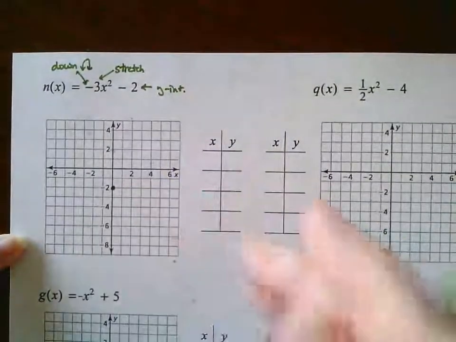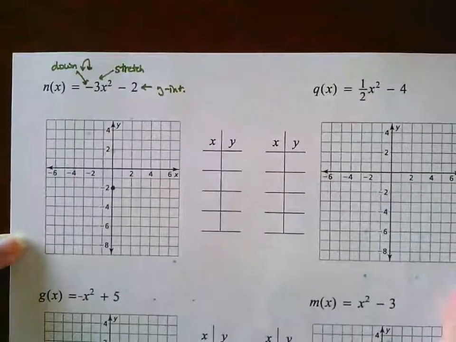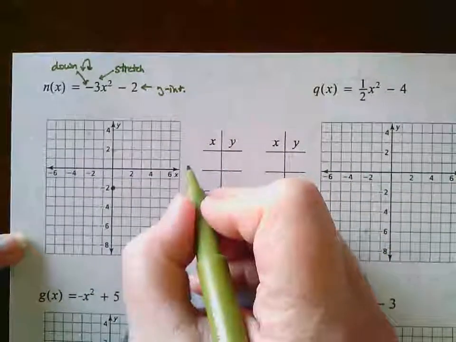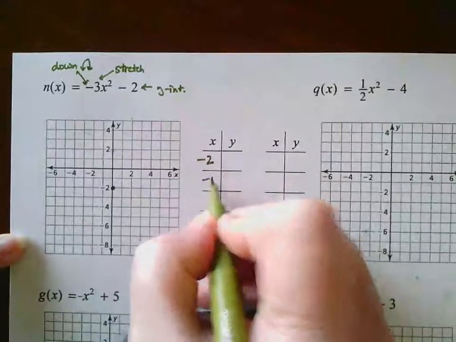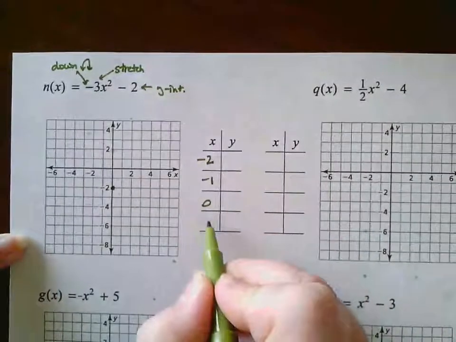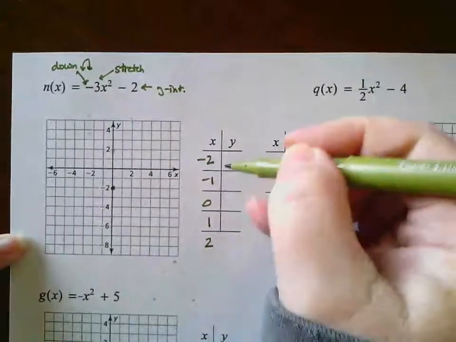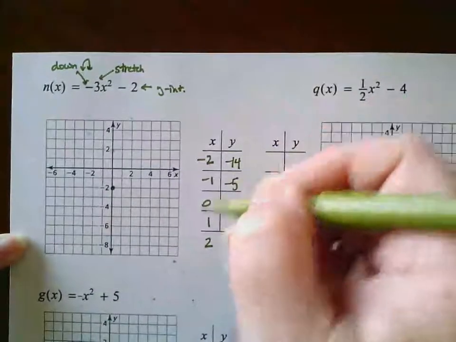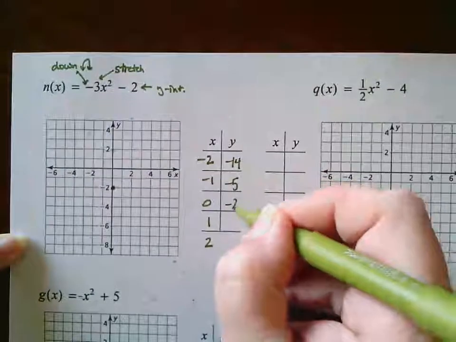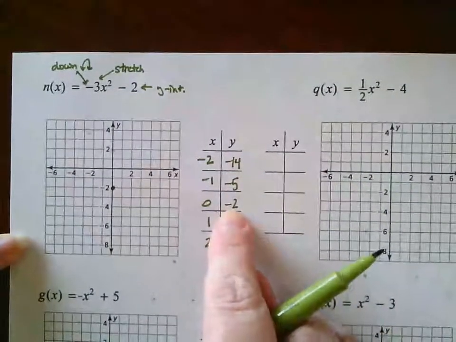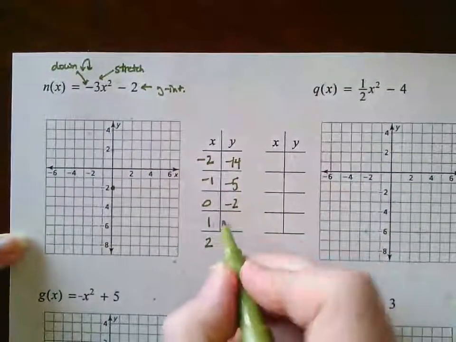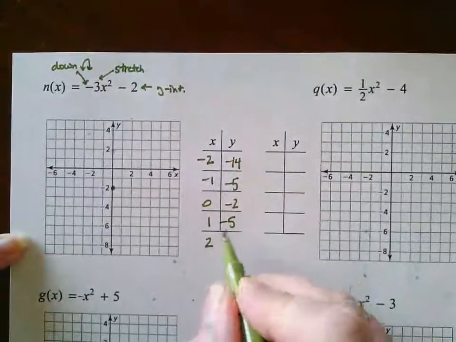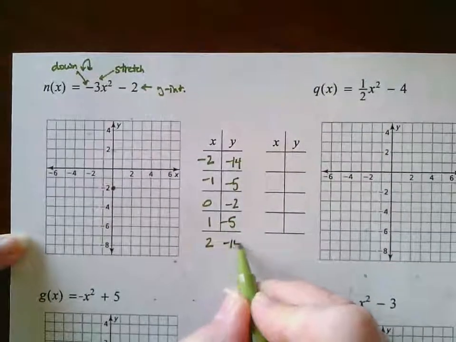But let's plug some values in and just see what we get. So we get -2, -1, 0, 1, 2. And with that, we get -14, -5, -2. Remember, this is where y is 0, so that's going to be our intercept, -5, and -14.